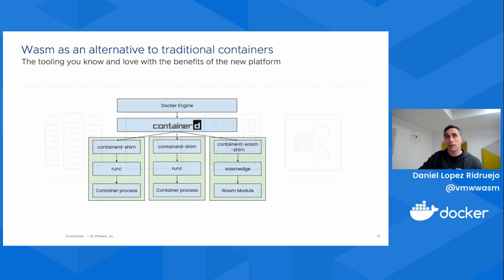There is a different take, which is to look at WebAssembly as an alternative to containers. When you're using Docker, by default, you have tooling that allows you to build containers and run containers, which makes it easy to build and share them with other developers or other users.